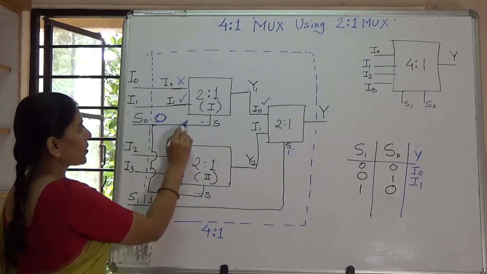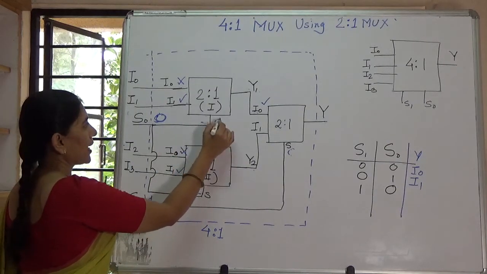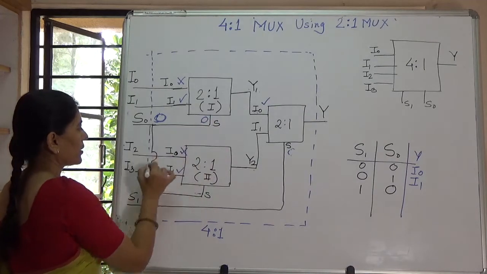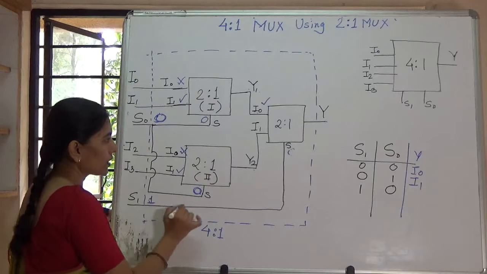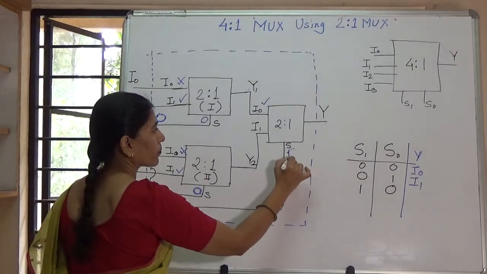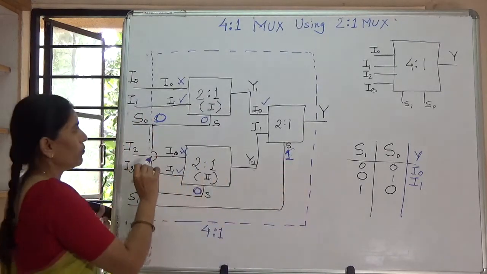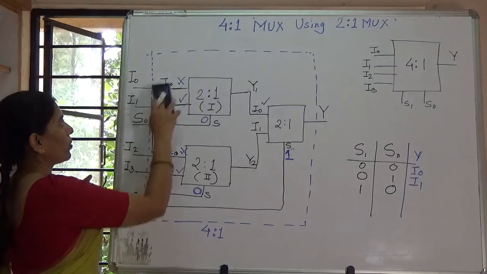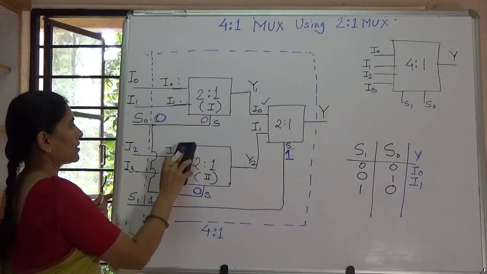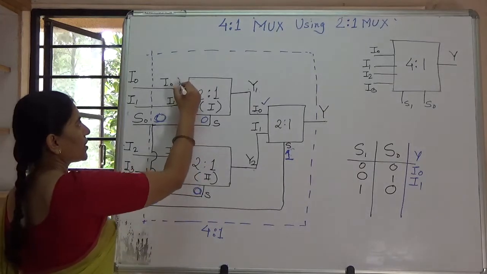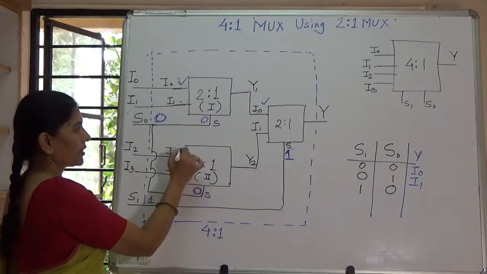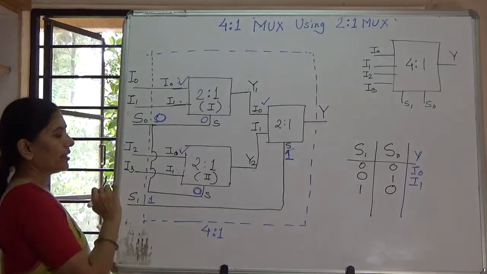Now because S0 is a 0, this select line is a 0, this goes also as a select line, so this is also a 0, and now this becomes a 1. Now because of this 0, you will find that again I0 will be selected, in this also I0 will be selected.